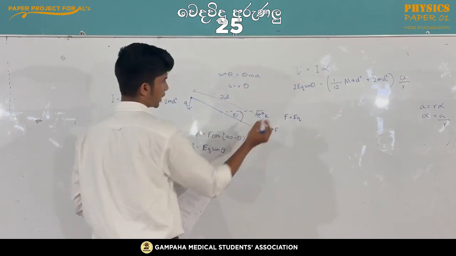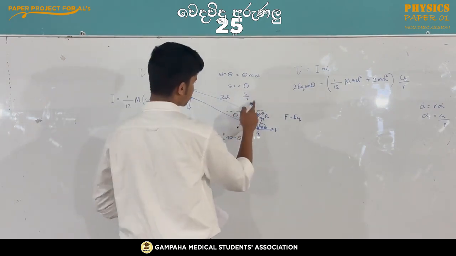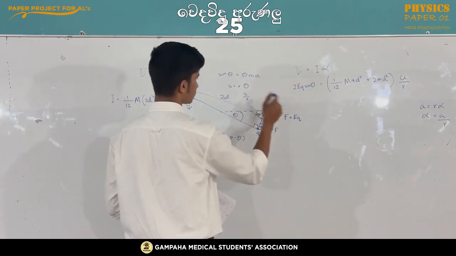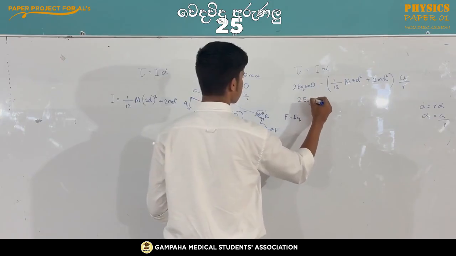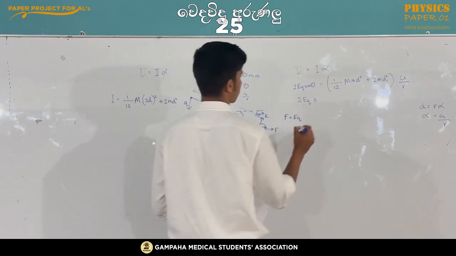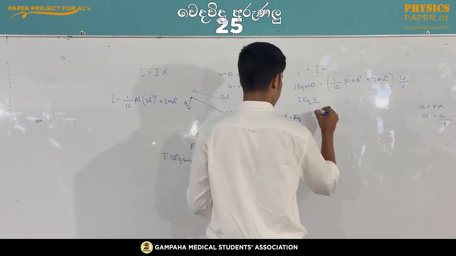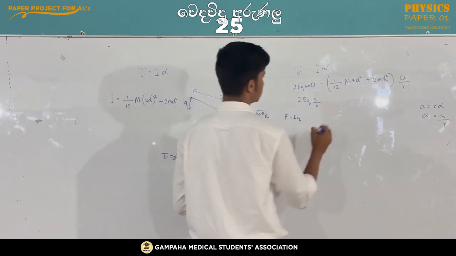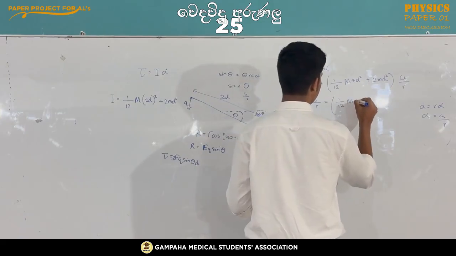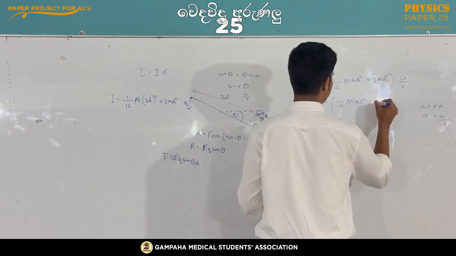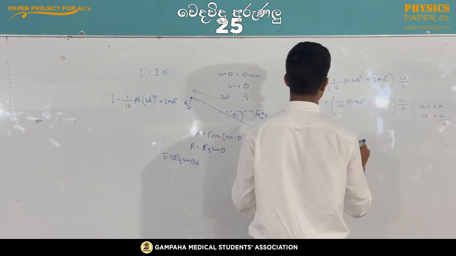Then instead of sine theta we can write s over R. So in here you can cut off the R on both sides.